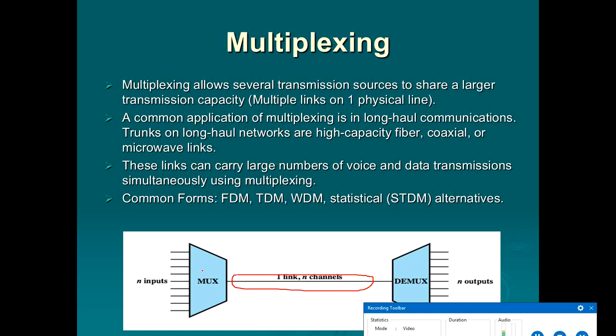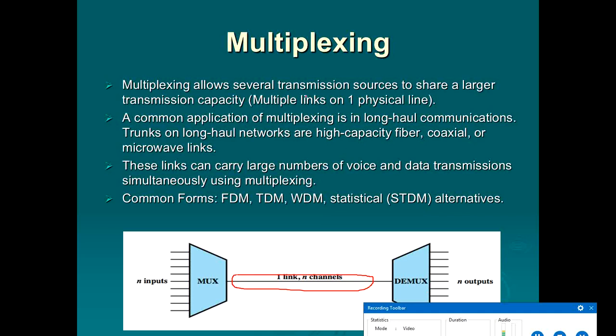Multiplexing, in just one word, is also called many to one, because it combines many signals and makes them one signal. Demultiplexing is also called one to many, because it takes one signal as an input and gives out many outputs.